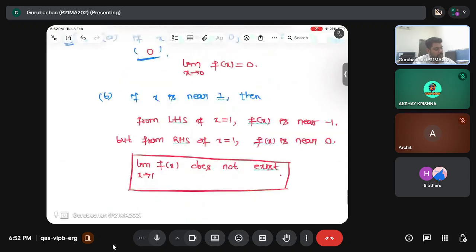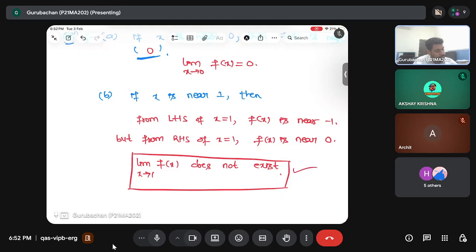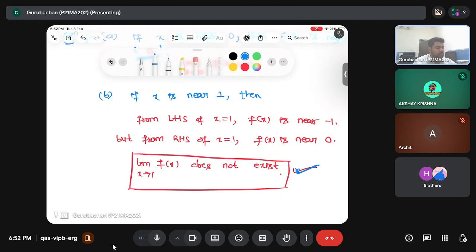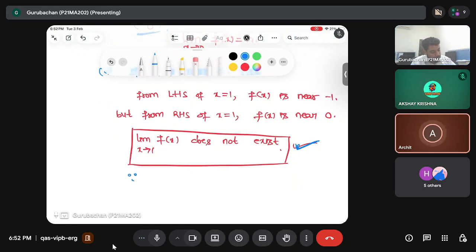So can we guarantee this one that I wrote? Limit does not exist. Why? Because the function is approaching two values, it is approaching minus 1, it is approaching 0. So why is the limit not existing?